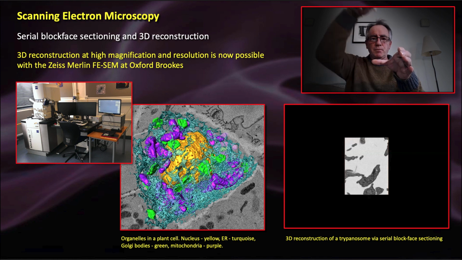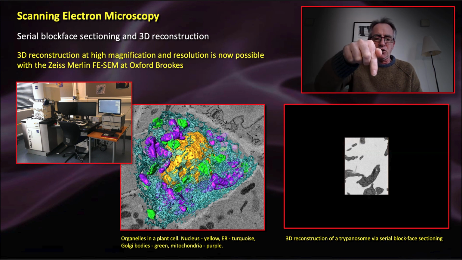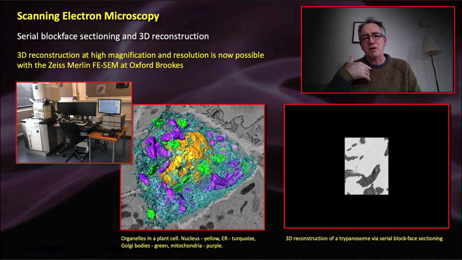Microtome, picture. Microtome, picture. The microscope can keep doing that all night long. It can cut hundreds and hundreds of sections through a block and make a picture after each section is cut so that you can then take all of those pictures into your big, powerful image analysis software package and generate 3D views of what's going on inside of cells. Well, we've done some cool stuff with this at Brookes.